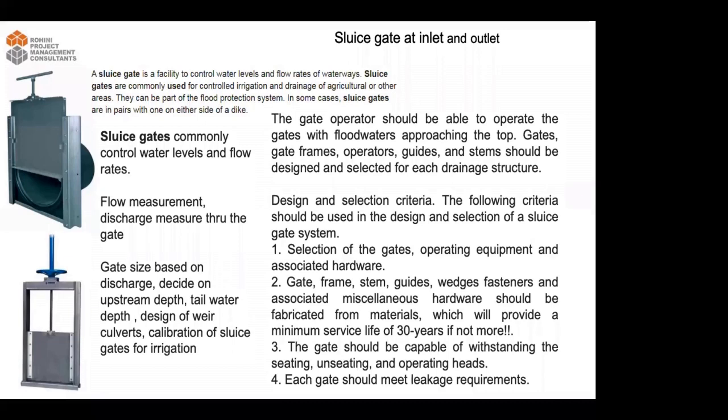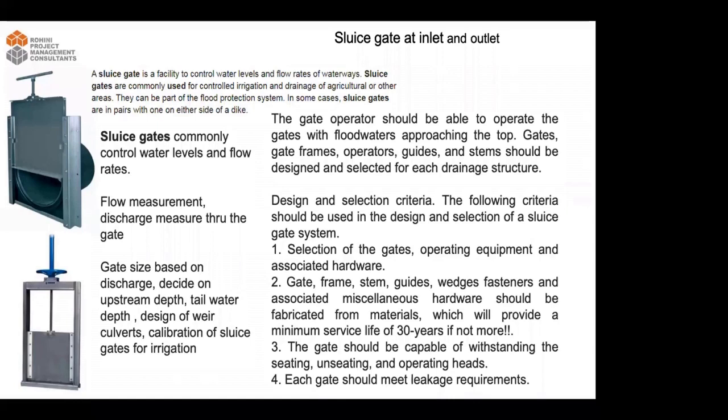The next point is that the gate should be capable of withstanding the seating, unseating, and operating head. The seating and unseating head is the difference in elevation of the closed gate, and that should be used during the design. All components should be adequate to withstand the stresses encountered during installation and operation.